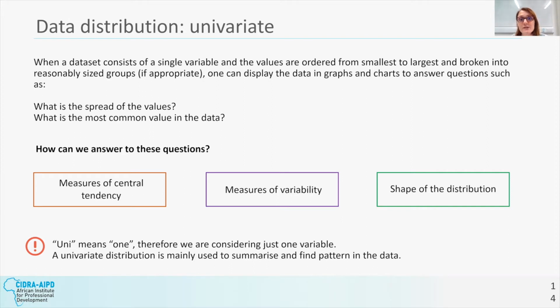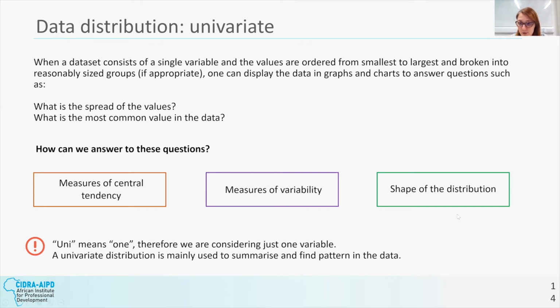In this case, we are going to use measures of variability or dispersion. Another thing that we can do is plot our univariate data distribution. In this case, we are very interested in seeing the shape of our distribution. And this is sort of summarizing in a very nice graphical way what we have investigated more in depth using our measures of central tendency and dispersion.